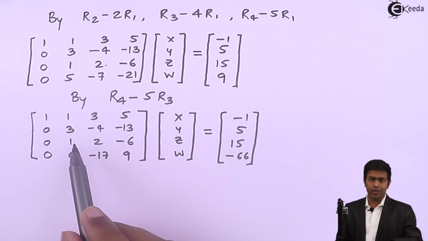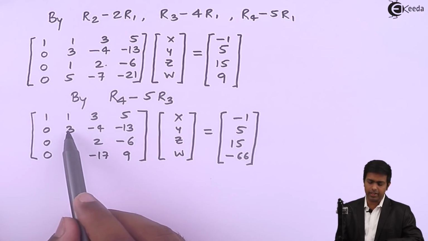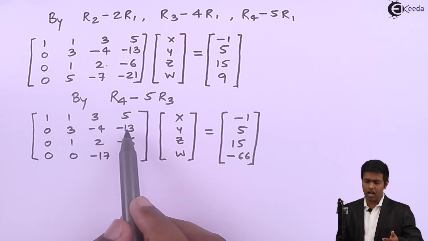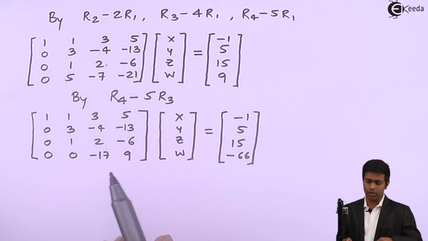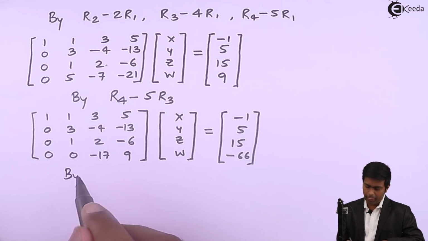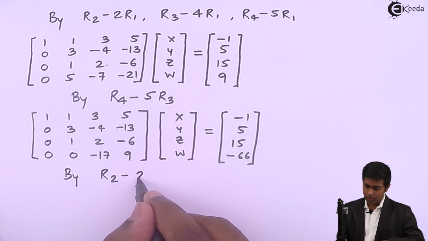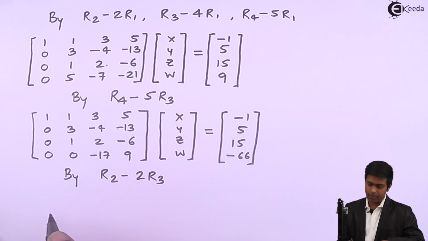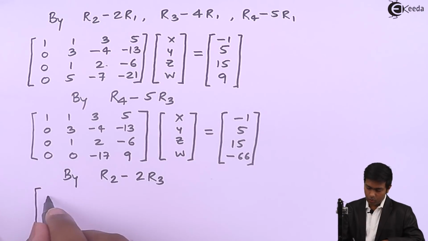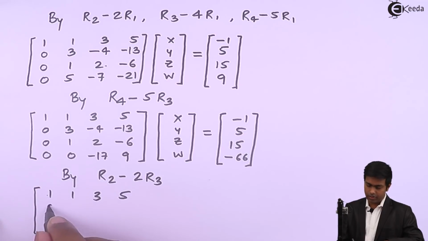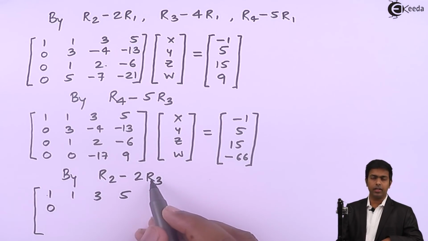So what we will do is, we will make this 3 as 1 and then we will subtract this R2 from R1. So here I will say by R2 minus 2 times R3. So here we will get 1, 1, 3, 5 as it is. Here 0, 2 times R3.